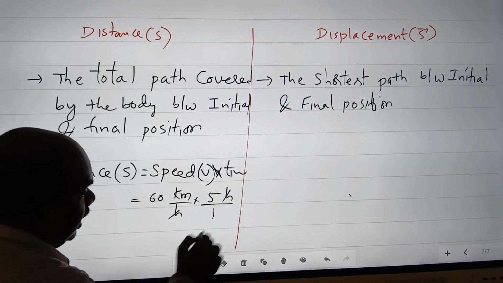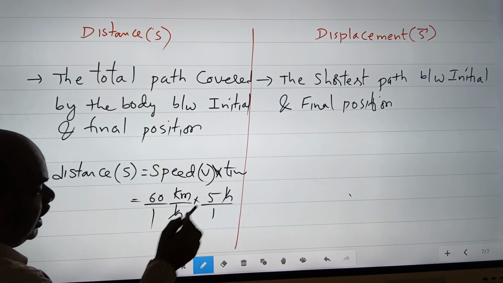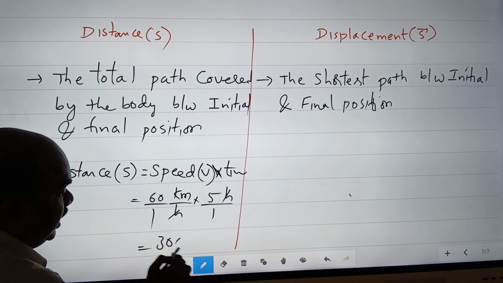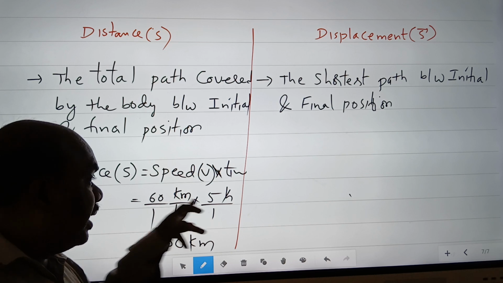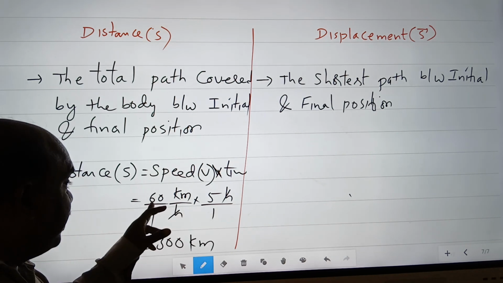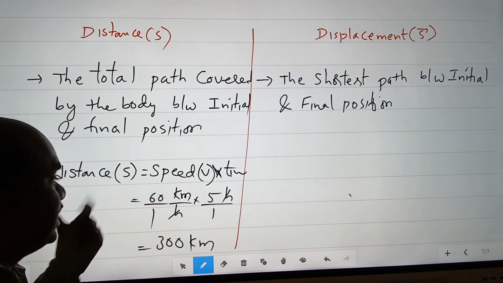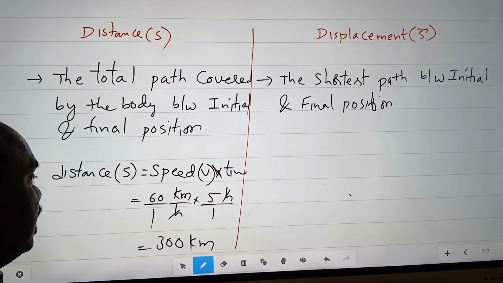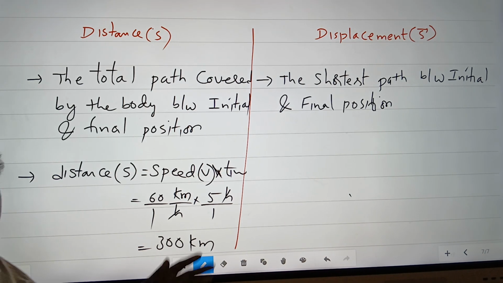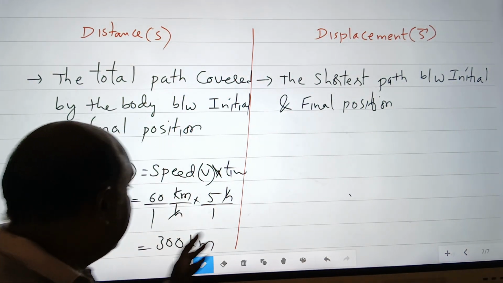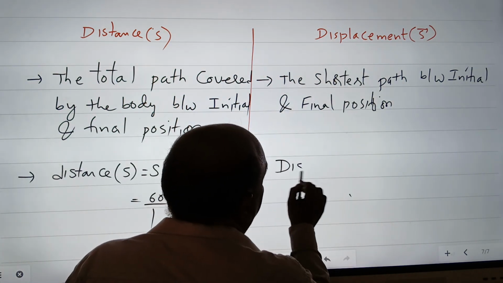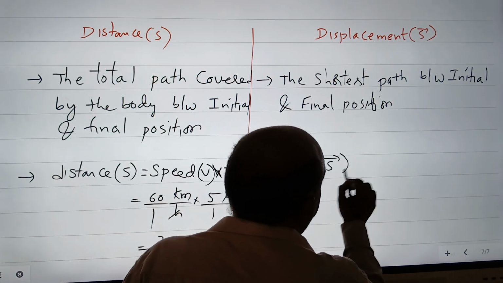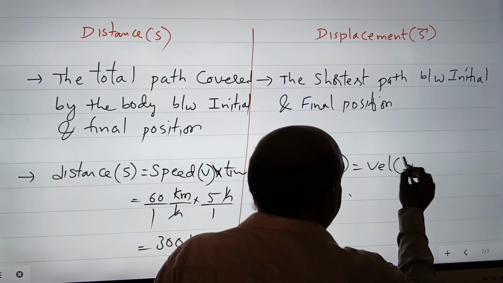Hour cancels, denominator you can write 1. 5 sixes are 300 km, which is the distance between Hyderabad and Vijayawada. If you multiply speed and time, you will get the distance. Distance equals speed into time. It has no particular direction. You can go in different routes. That is why distance is a scalar quantity. Here, displacement is equal to velocity into time.